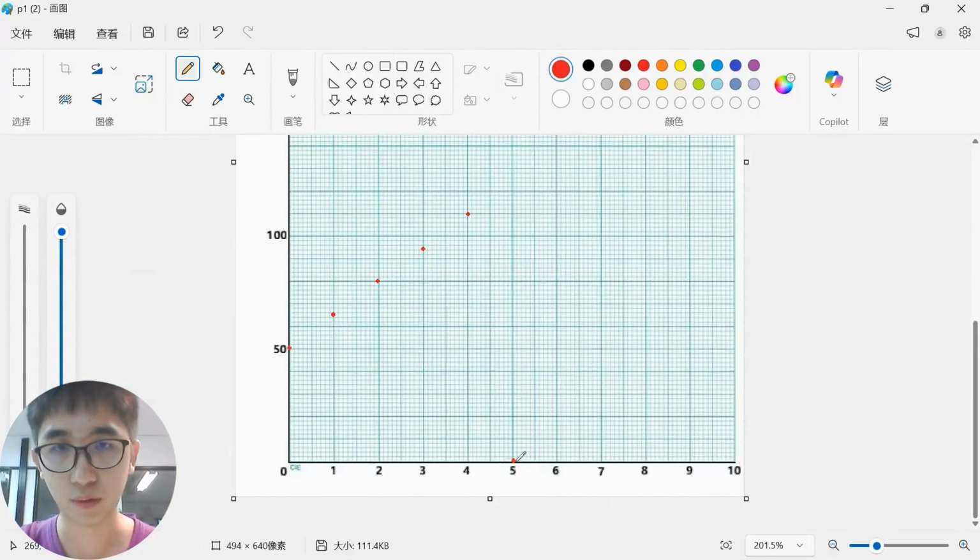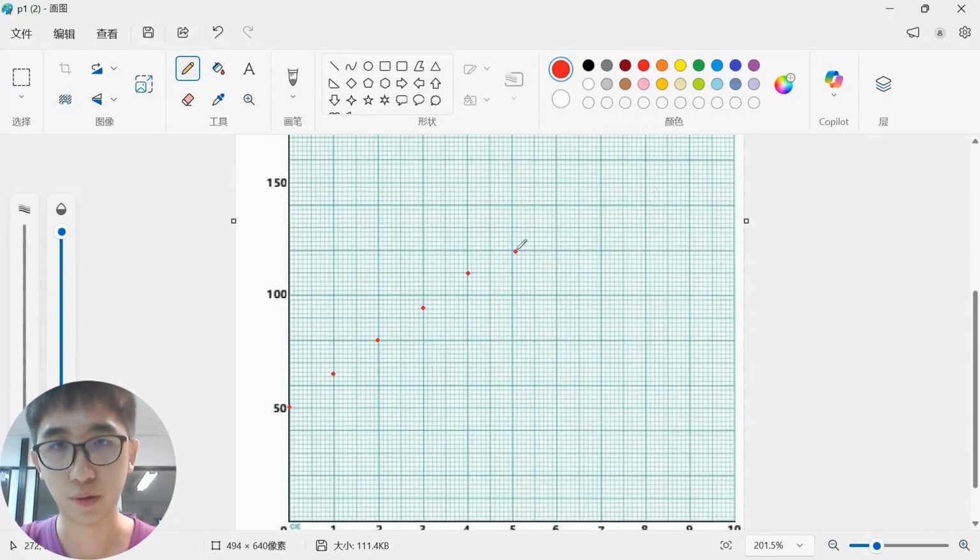Very important, we need to put a point on 125 at 5.